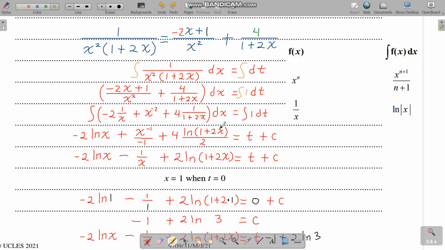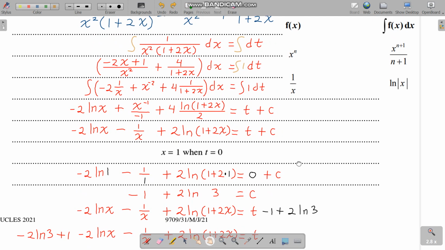Okay, the derivative of 2x is 2, so we divide by 2. So actually we do that also here, but if we divide by the derivative of x, that's just 1, so it's not necessary. Okay, so the right hand side, the integral of 1 dt is just t. Don't forget the constant of integration, just once only on the right.